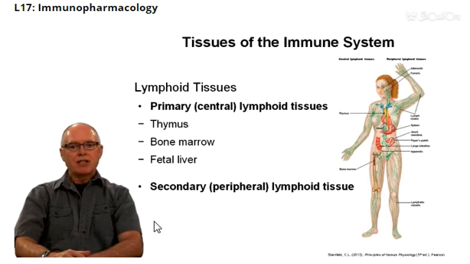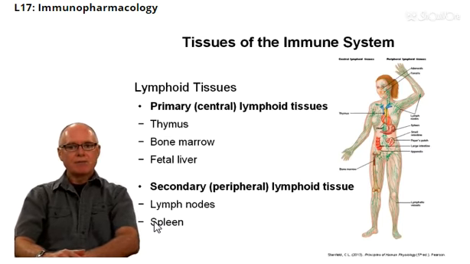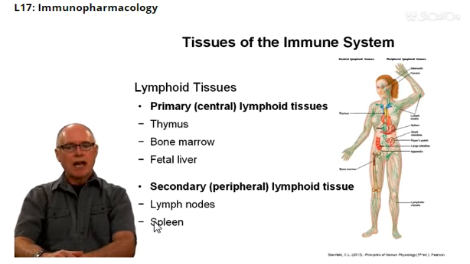After the maturation stage, B and T cells migrate from primary lymphoid tissues into secondary lymphoid tissues, where they can come into contact with foreign substances, become activated, and initiate an immune response. Secondary lymphoid tissues include the spleen, lymph nodes, tonsils, adenoids, appendix, lymph nodules of the GI tract and the lining of the GI tract in areas called Peyer's patches, and they're dominated by B cells, T cells, and macrophages.